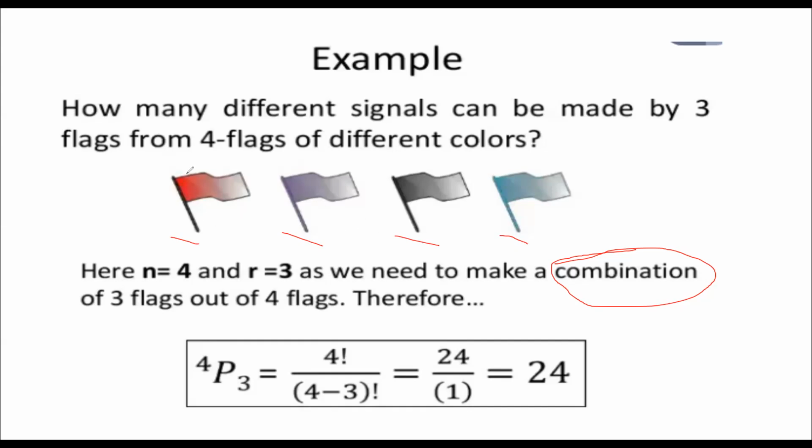Then the next time maybe you take red, then black, and then the purple. Maybe then you take purple, black, and then red, and so on. Then you have those that would include the blue at the end here. If you want to prove me wrong, we're talking 24 different ways I can arrange these things, taking 3 at a time.